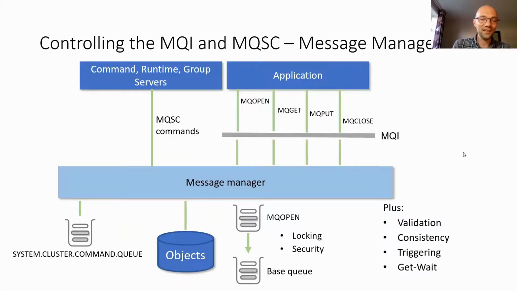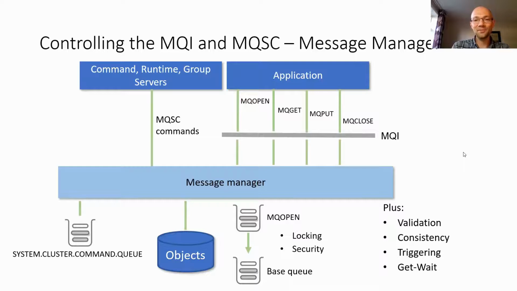The message manager is probably the resource manager that is most closely linked to what applications do, by which I mean, if you think of an MQI call that an application does, such as MQOpen or MQPut, the message manager is conceptually what deals with that MQI request. Now we will, of course, have to call various other resource managers in order to do everything that needs to be done to finish performing the work that's needed for that MQI call.